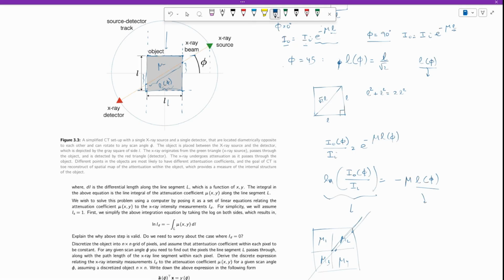In fact, it will pass through the origin. At any given point in time, it will only pass through 2 of these objects. You'll have to find out where it intersects each of these 4 regions, and then from that know the points of intersection, and then compute this length and this length, and then you will get a general expression like this.